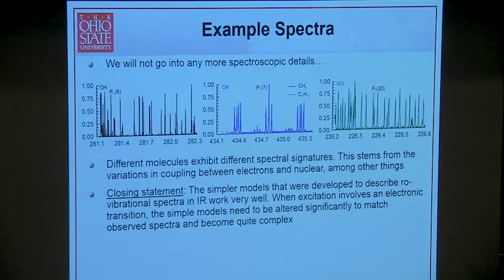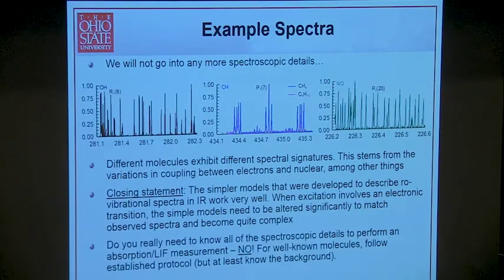When excitation involves an electronic transition, the simple models need to be altered significantly to match observed spectra. What's really happening is that with electronic spectra, you take what you know from the rovibrational spectra and then make an enormous number of fixes for observation, because there's just no generic model.